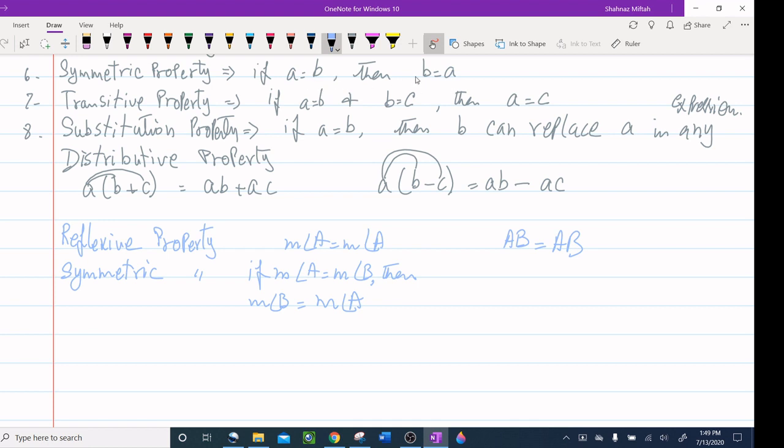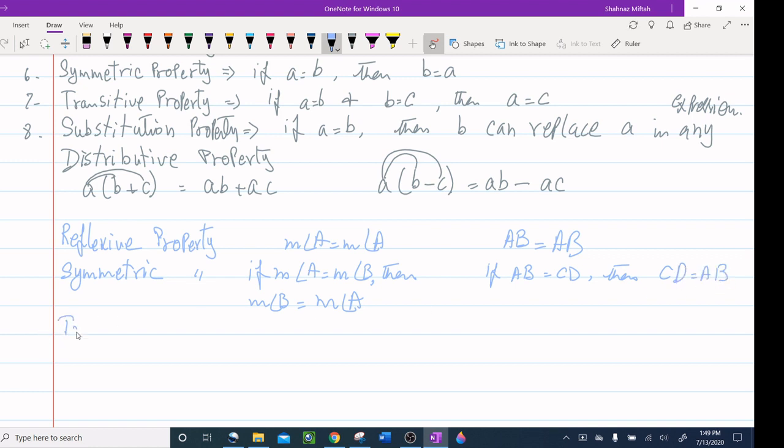So for symmetric, you switch the places; for reflexive, it equals itself. We can use the same thing for segments: if AB is equal to CD, then CD is equal to AB. I switch them.